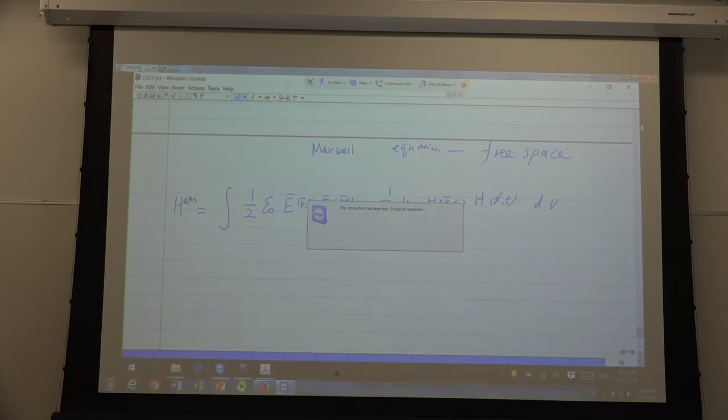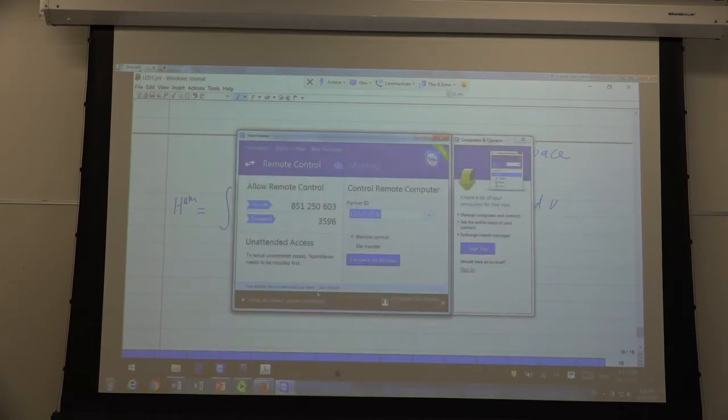Why did it disconnect? Oh, I know, because Hong Kong only has a limited time to use Wi-Fi.